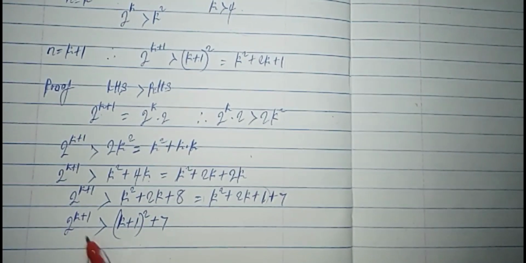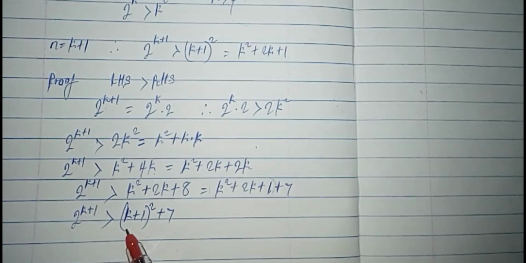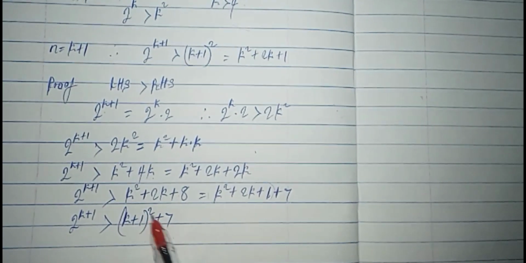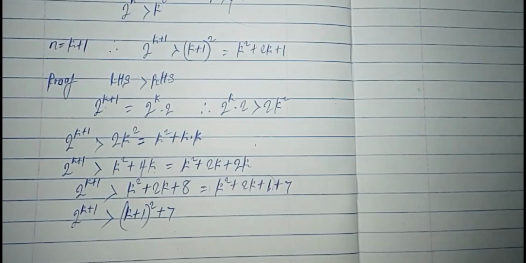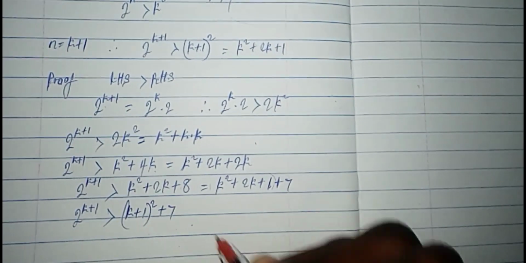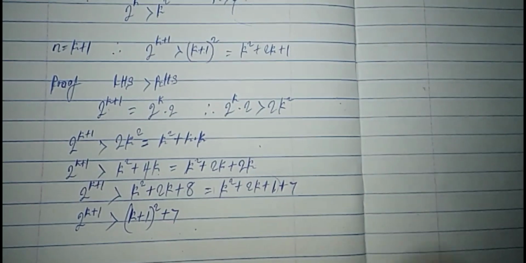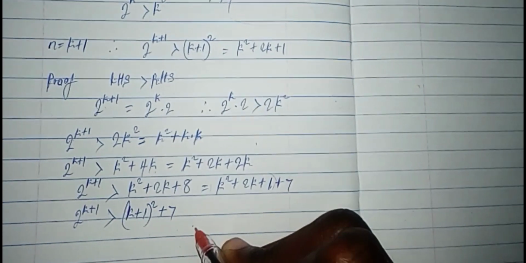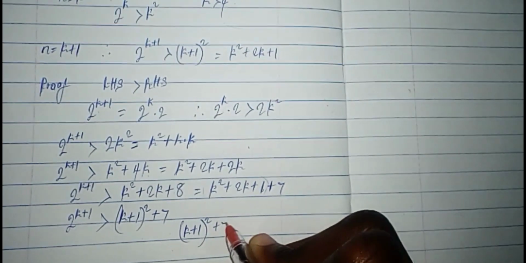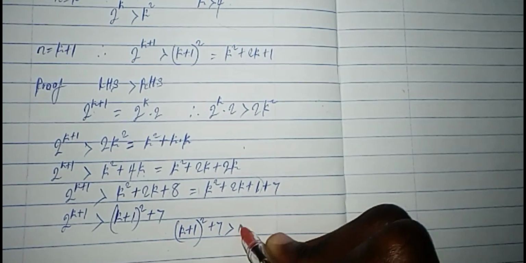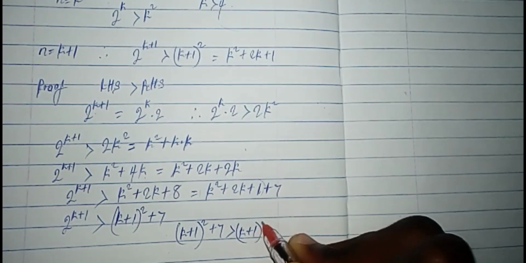So now, since we know that 2 raised to the power k plus 1 is greater than k plus 1 all squared plus 7, and we also know by common sense, by looking at this, that k plus 1 squared plus 7 is greater than k plus 1 squared.